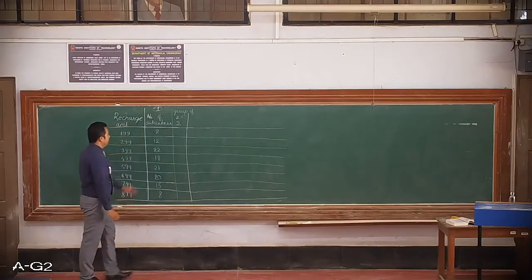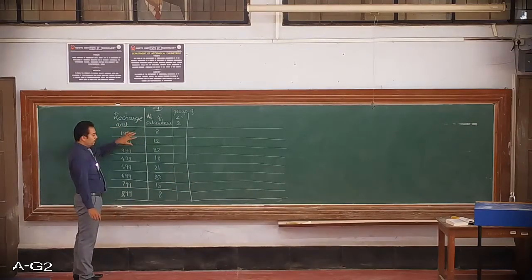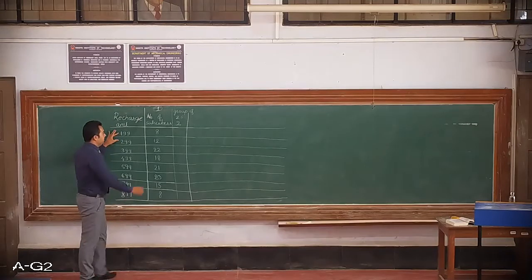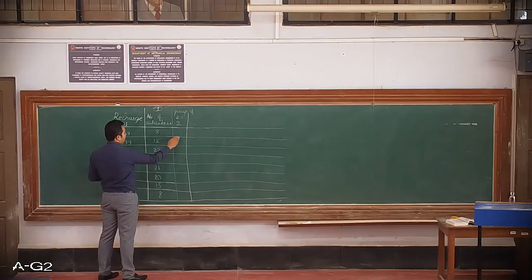Okay, so first I'll be grouping these two, that is 199 and 299 together. So the sum of these two I'll be writing here.